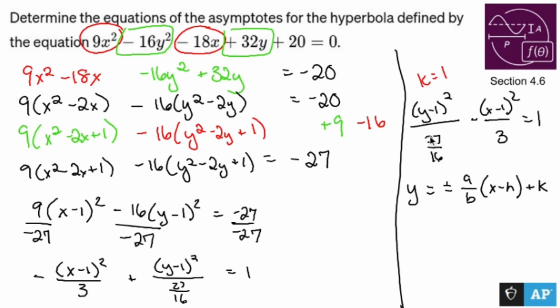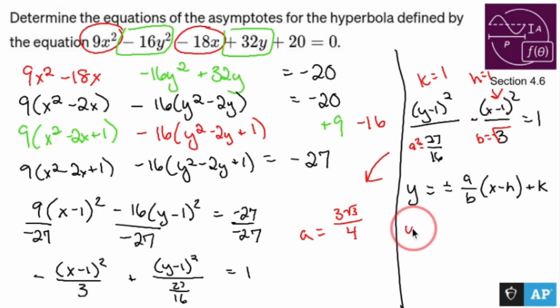A squared equals 27 over 16, which means a is the square root of that, which is 3 root 3 over 4. That's a mess, but that's a. h is going to be positive 1, which is good news. And b is going to be the square root of 3.